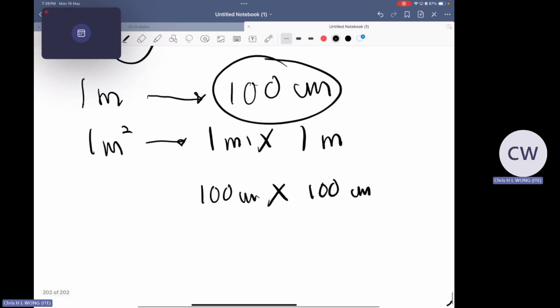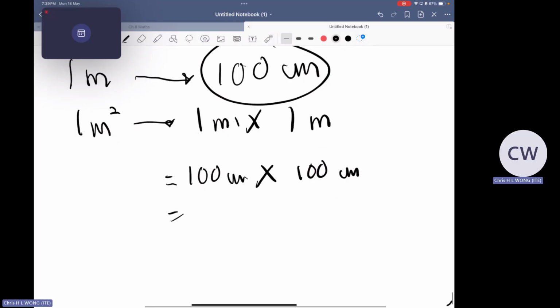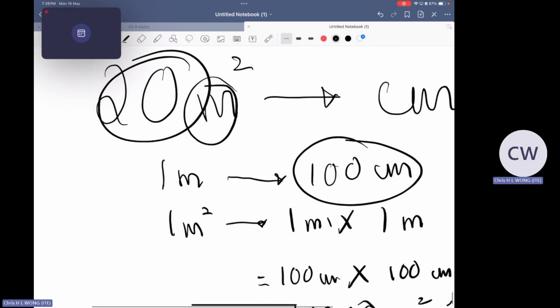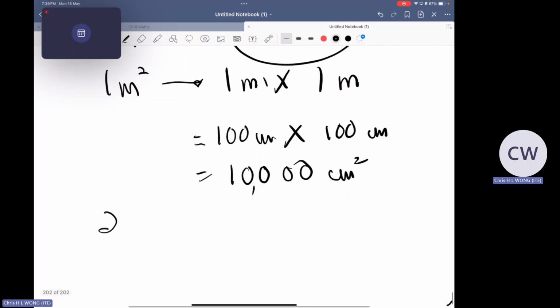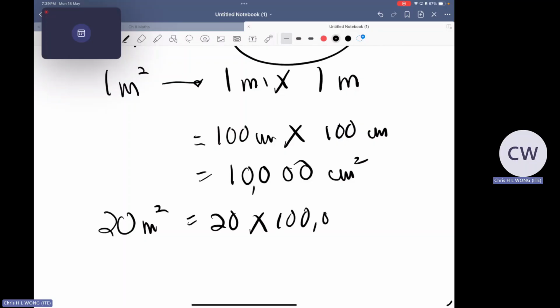I'll give you 10,000 cm square. But I don't need 1, right? I need 20. So times 20. So 20 meters square equals to 20 times 10,000 centimeter square.